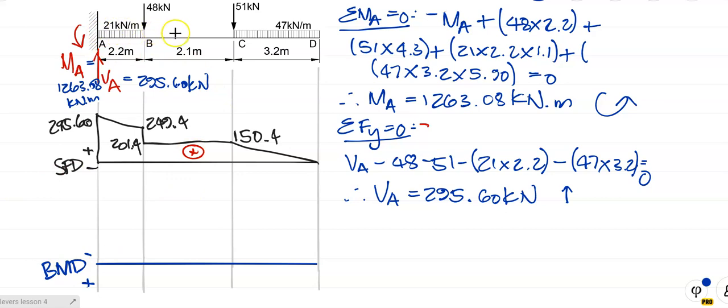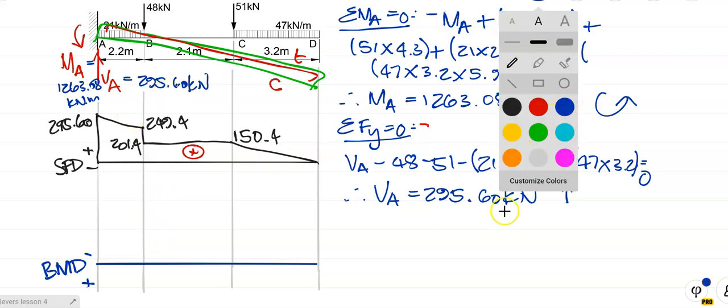It's going to be all the way on the top, because if I draw the beam in like so, the beam is doing that, and if I give it some thickness, we'll see that in the cantilever we put steel all along the top. Why? Because there's tension all along the top and compression all along the bottom. So we draw on the tension side of the bending moment diagram.